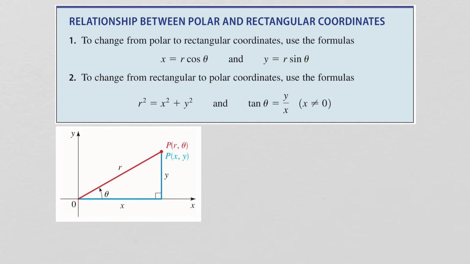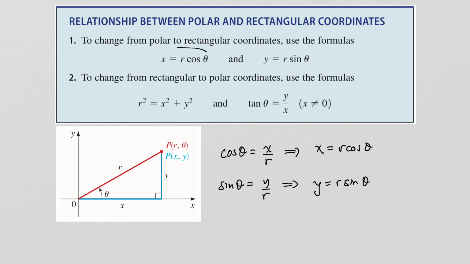Now, this right triangle has relationships using trigonometry. We know that cosine of theta is x divided by r. We know that sine of theta is y divided by r. So if you solve for x and y, you get x equals r cosine theta and y equals r sine theta. And that's where these equations come from.